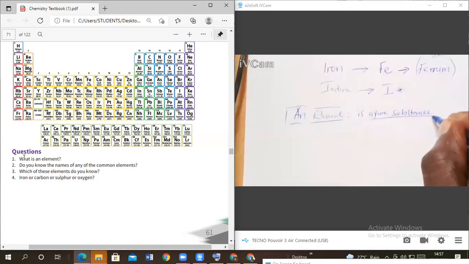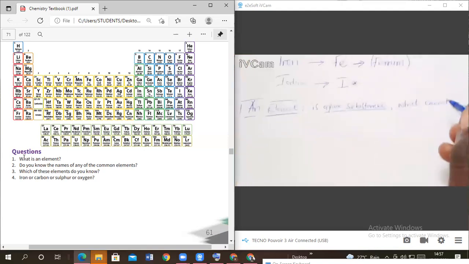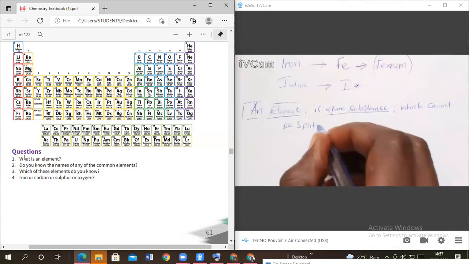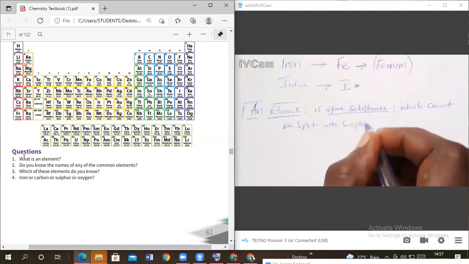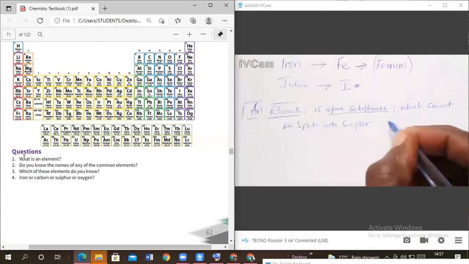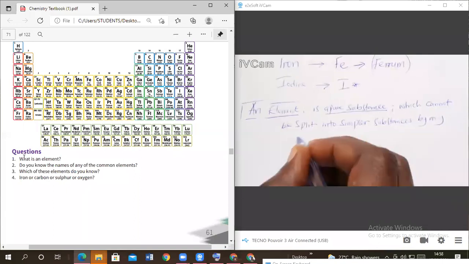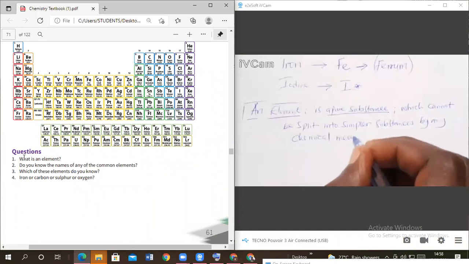So when you're defining this element, you say it is a pure substance which cannot be split into simpler substances by any chemical means. By any chemical means.